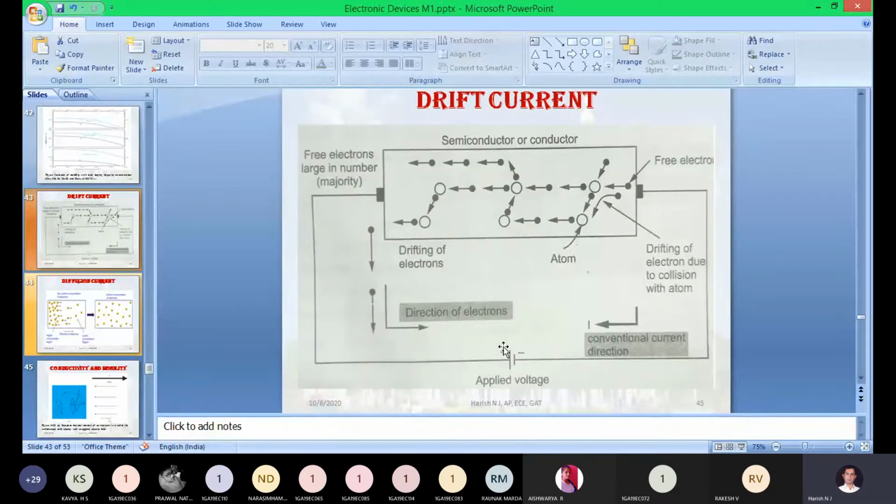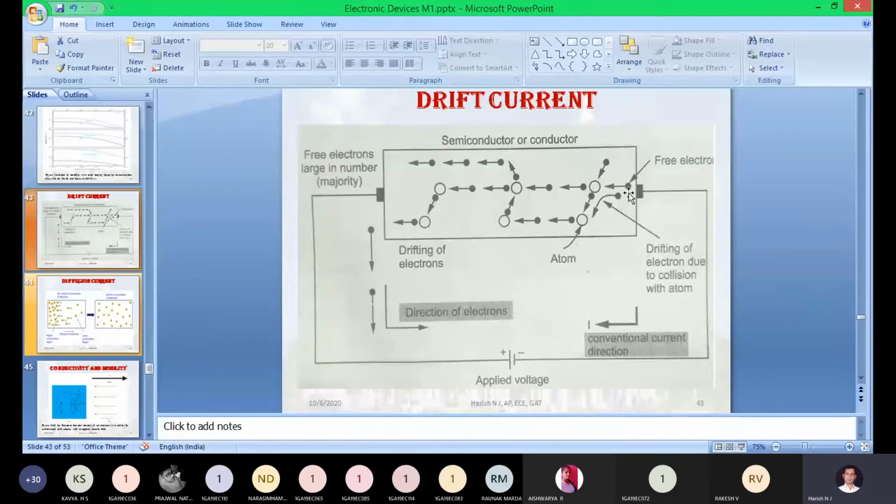One thing I learn is that when I apply the additional electric field, I can drive all the electrons in a particular direction. Hence I am applying the additional source here. So all the electrons start moving to the positive terminal of the power supply.